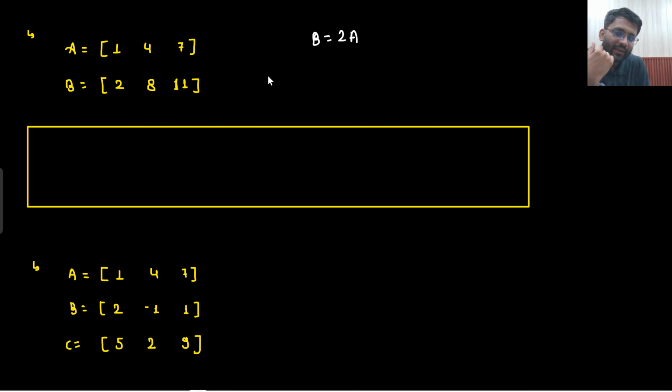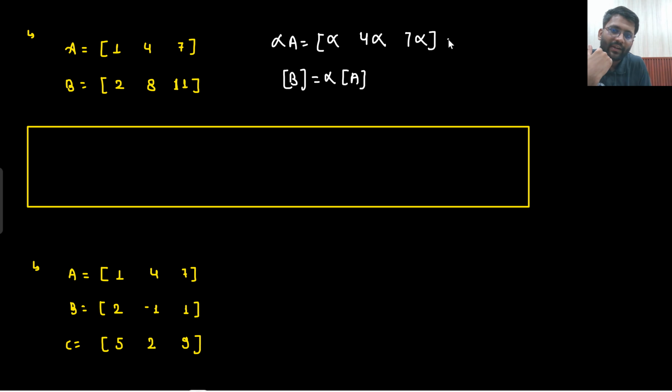Basically, can you write down B in terms of A only, multiplying with some constant factor? What I mean is that you multiply A with a constant factor alpha, so this becomes 4 alpha, this becomes 7 alpha. It should be equivalent to B, which is 2, 8, 11. Is it possible? From here it seems that alpha will be 2, but if I put alpha equals 2, it should be 14, but it is 11. That means it is not even possible.